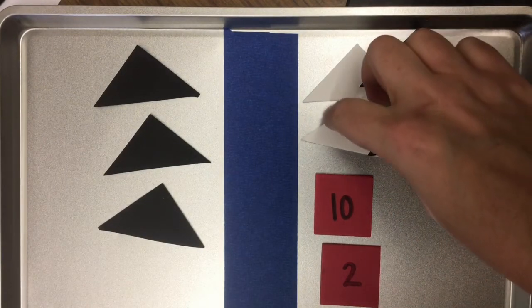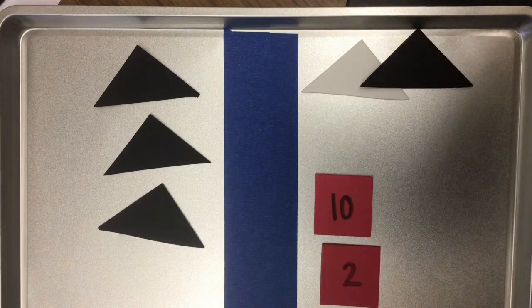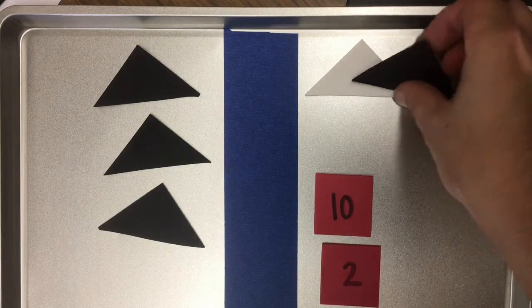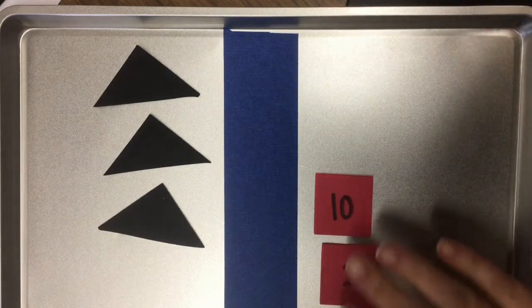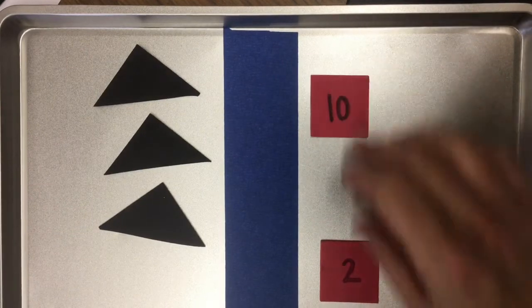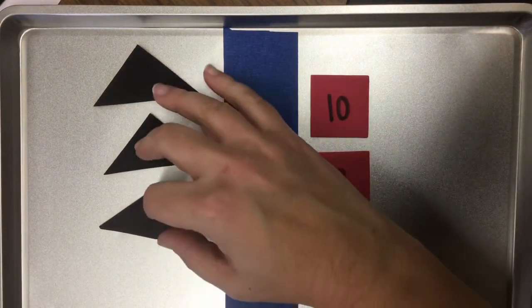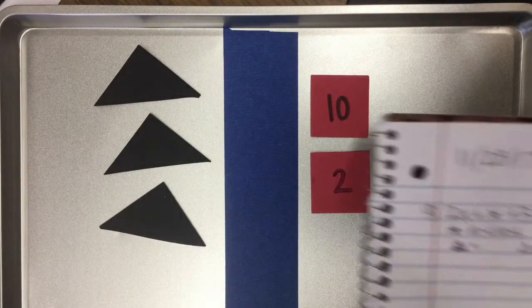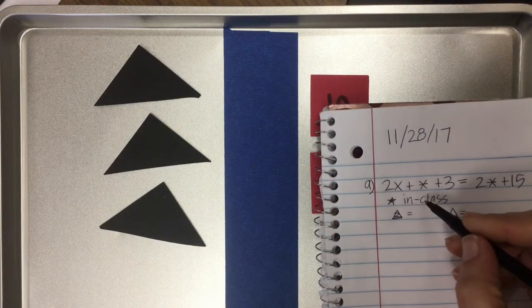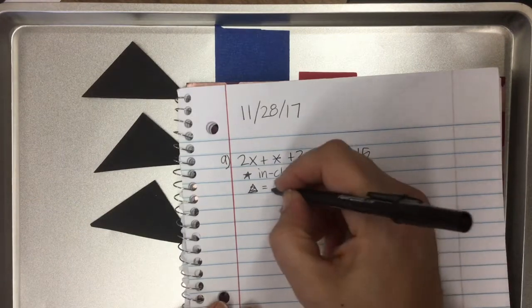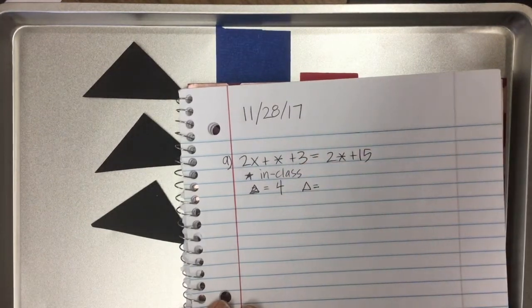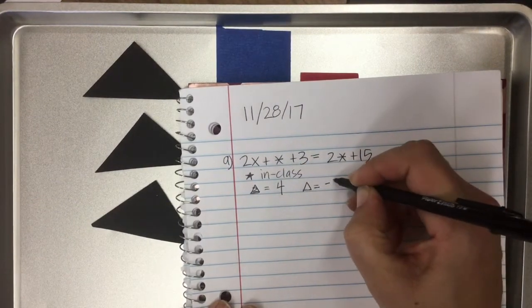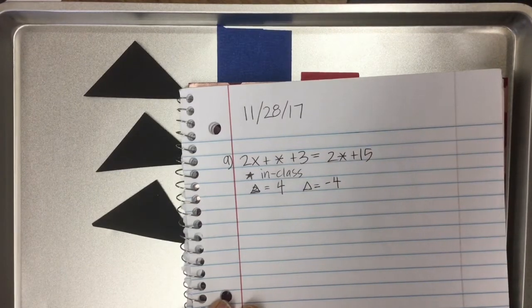What I've done here is create 0 pair number 1, 0 pair number 2, and now I have 3 triangles equals 12, which makes each triangle equal to 4. So I'm going to go to my letter A, and I'm going to record that a triangle is 4, which means that my star is automatically -4.